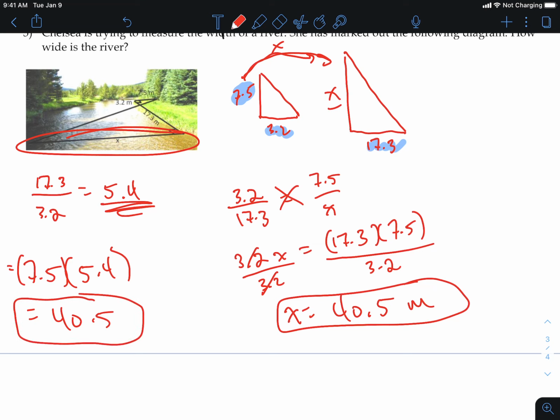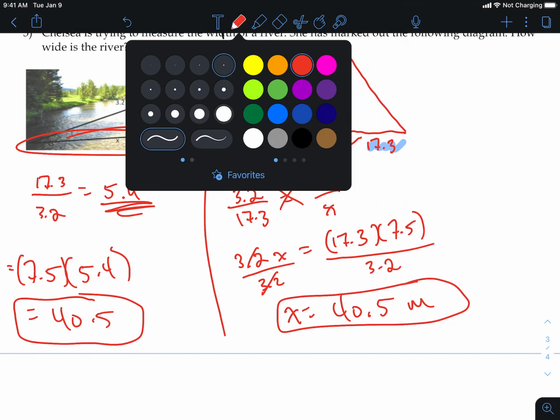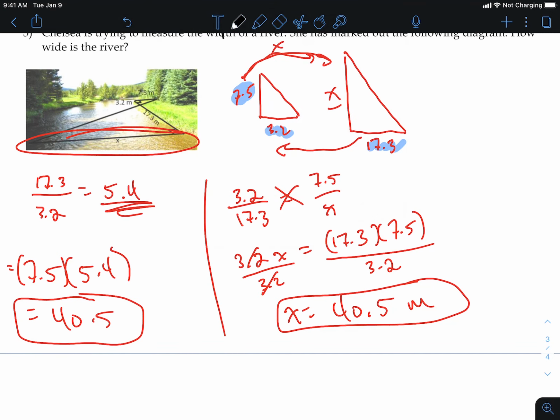Two different methods. I would think one has less thinking involved than the other. The only thinking that's going on here is remembering, am I going from the big one to the small one versus the small one to the big one, right?